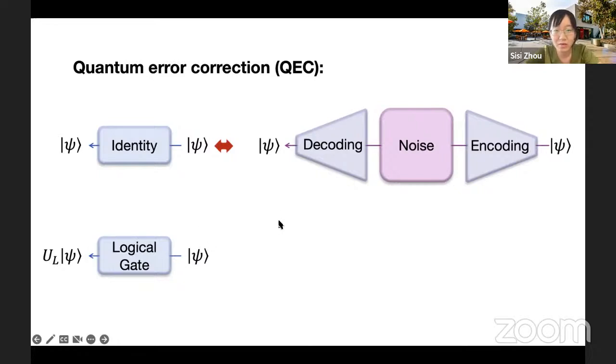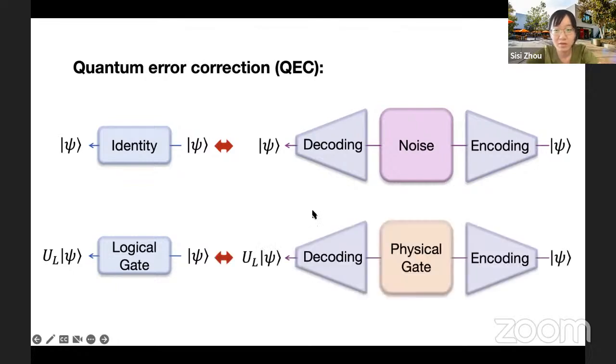Since we are doing quantum error correction as well, we must design a physical gate acting on the physical qubits such that when it is sandwiched by the encoding and decoding channel, the entire channel gives us the logical unitary operation, UL. So we can see from these two diagrams that if we want to perform a non-trivial logical gate operation on psi, then the structure of noise and the structure of the physical gate must be fundamentally different from each other.